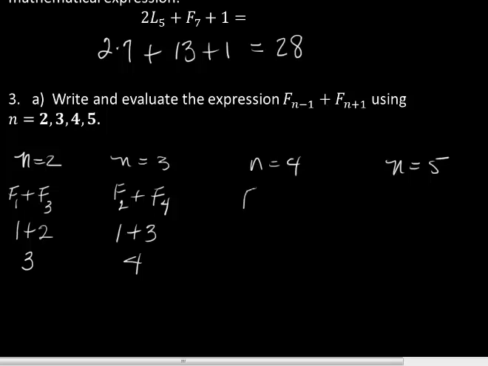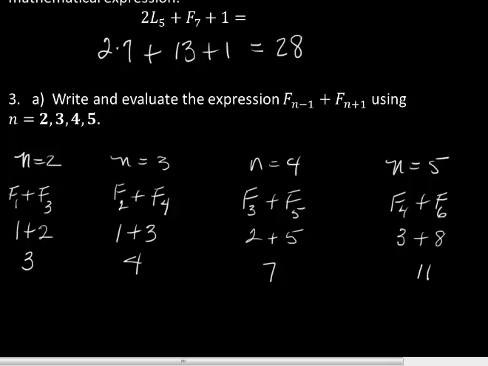When n is 4, I want the third Fibonacci plus the fifth Fibonacci, and that is 2 plus 5. Using your table, adding, we get 7. And when n is 5, we are computing F4 plus F6. Looking at your table, you get 3 plus the 6th Fibonacci is 8. Adding, we get 11. Now that's full credit there if you get these answers.